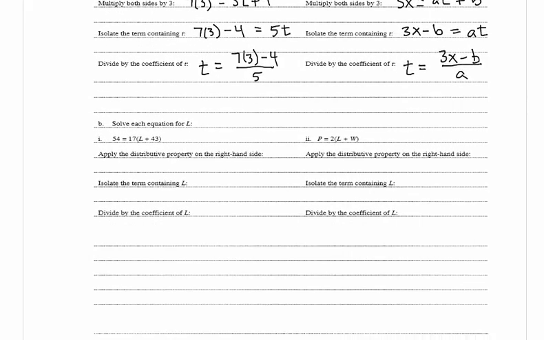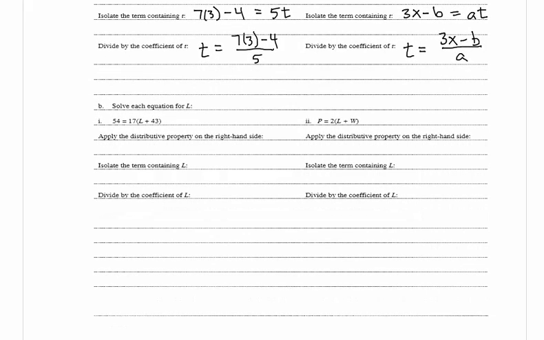In b, it wants us to solve each equation for L. And again, we have a number 1 and a number 2, and we're going to use the same steps for both of them. In 1, we have 54 is equal to 17 times L plus 43. And the first thing they want us to do is apply the distributive property on the right-hand side. So we're going to have 54 is equal to 17L plus 17 times 43.